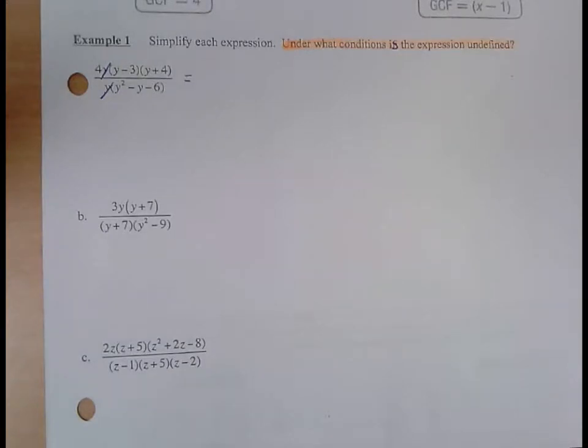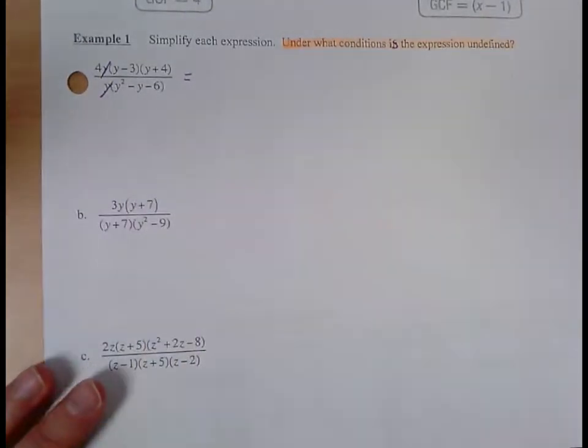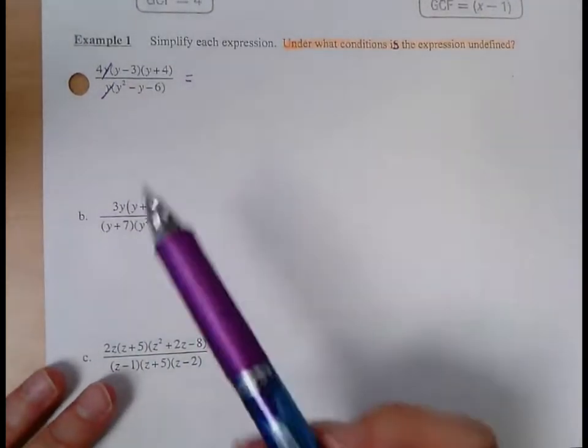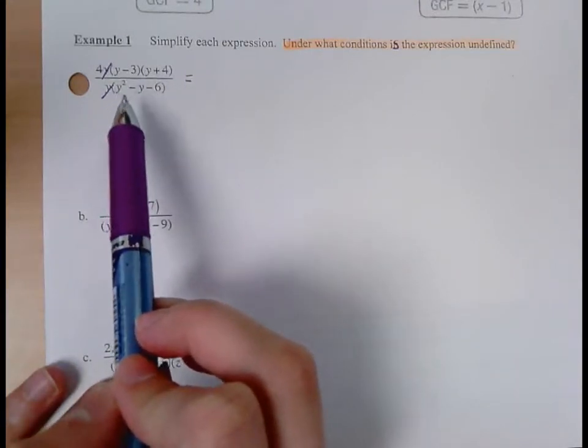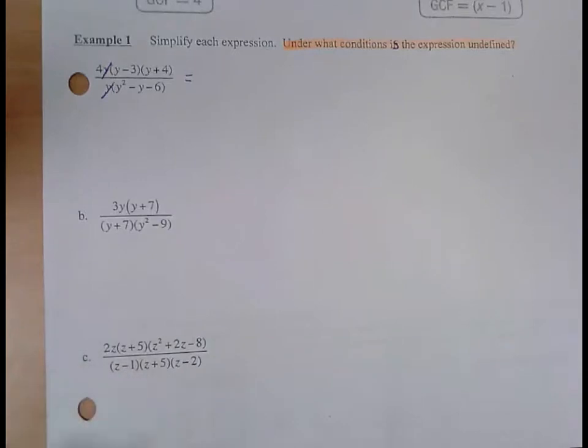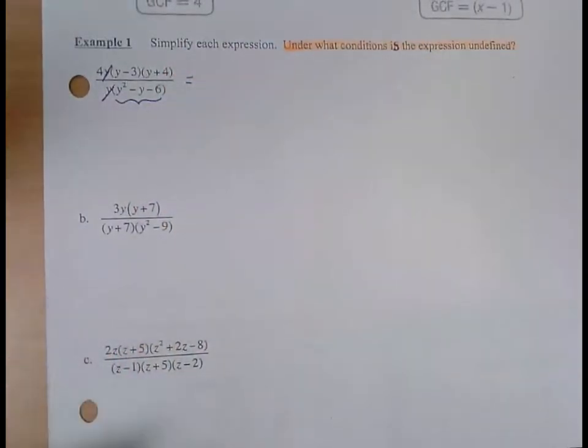Then to know whether or not it is fully simplified, you have to see if there is anything that you can still factor in the expression. And really what you want to look for when you have variables is if you see something squared or something to a power that's higher than 1, it's possible it could still be factored. So this y squared minus y minus 6, that is a trinomial.